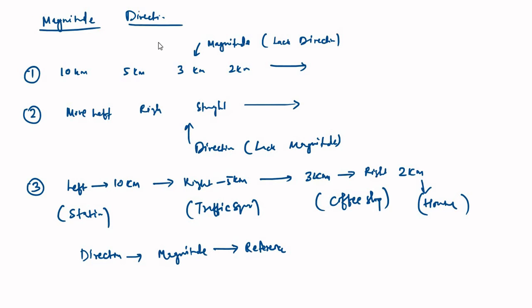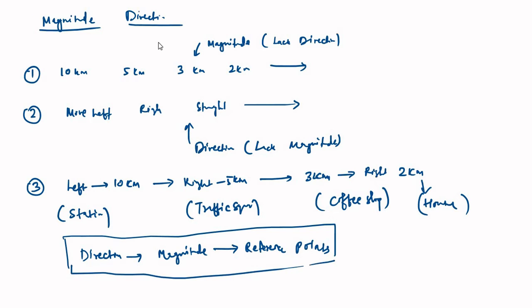These are the station or the airport, then the traffic square, then the coffee shop, and then finally the house. These are very important when we are trying to understand the concept of rest and motion. So if any of these three things is missing, then it is very hard to understand.